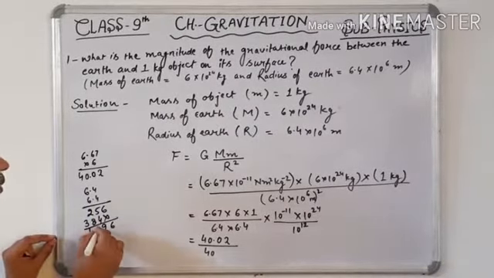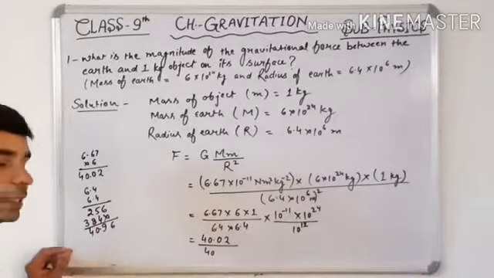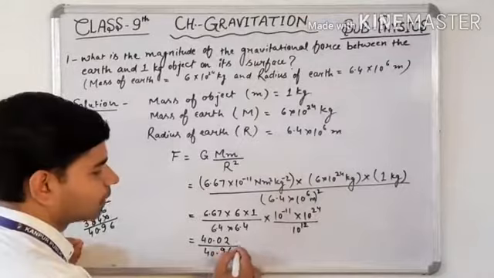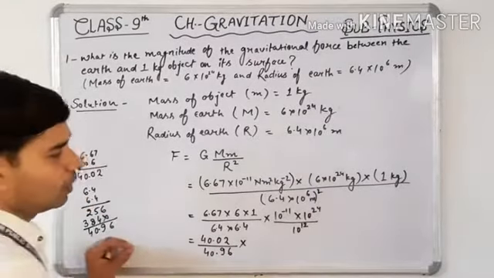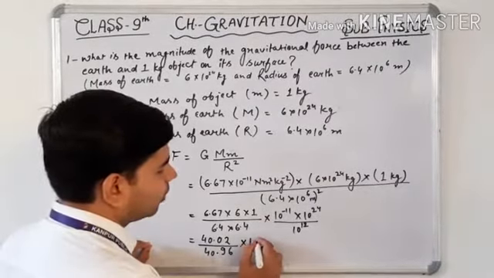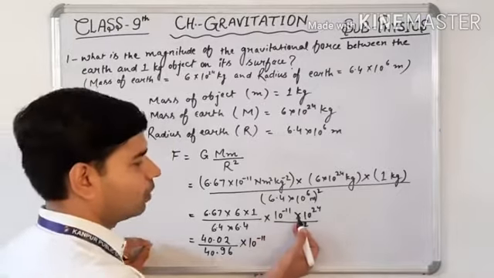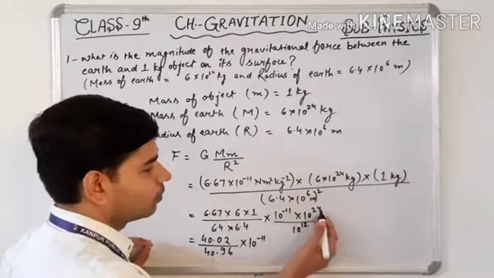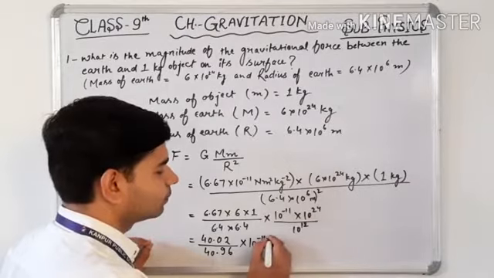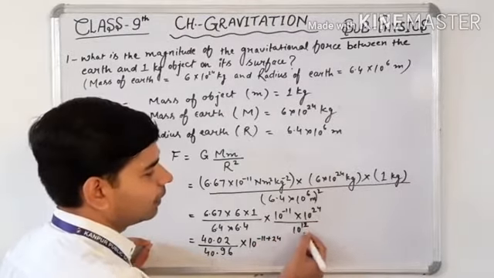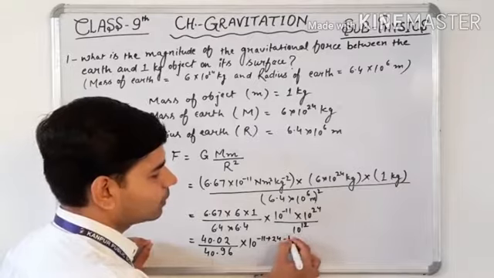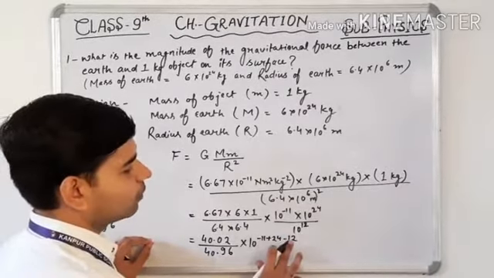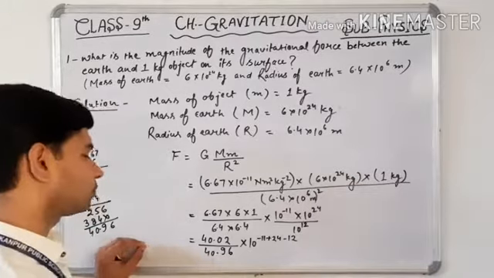So put decimal after 2 digits. This is 40.96 into 10 to the power minus 11. When there is a sign of multiply, then power will be added, and in division power will be subtracted. 10 power minus 11 plus 24 minus 12.